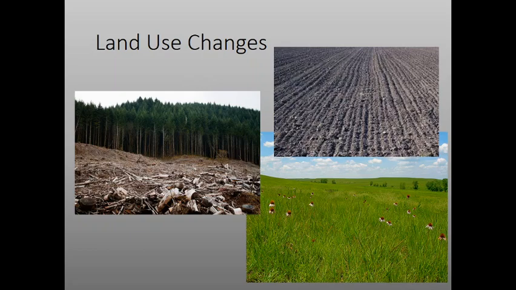When you plow over a grassland and turn it into a field where for good portions of the year you don't have anything growing, that's a net carbon dioxide source, and that is where a lot of that land use carbon dioxide is coming from.